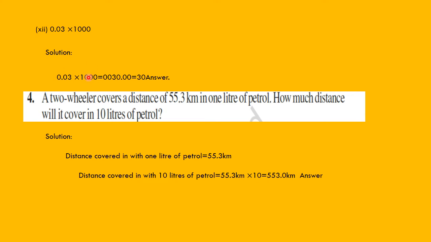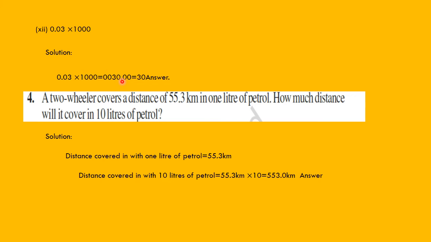So totally we have 2 decimal places. We have to leave 2 digits from the right and put a decimal place.